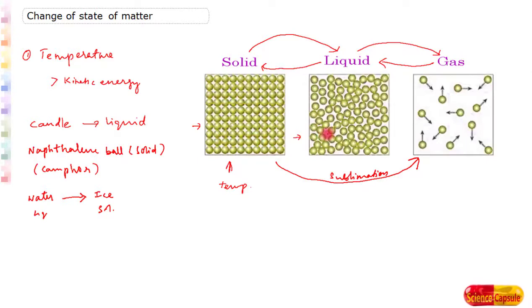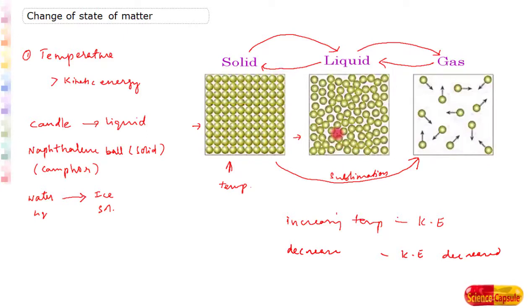But when the temperature is decreased, in the earlier case we have seen that on increasing temperature, kinetic energy will increase. Similarly, on decreasing temperature, kinetic energy will decrease. When the kinetic energy of the system gets decreased, the particles will not have enough kinetic energy to move freely in the matter.